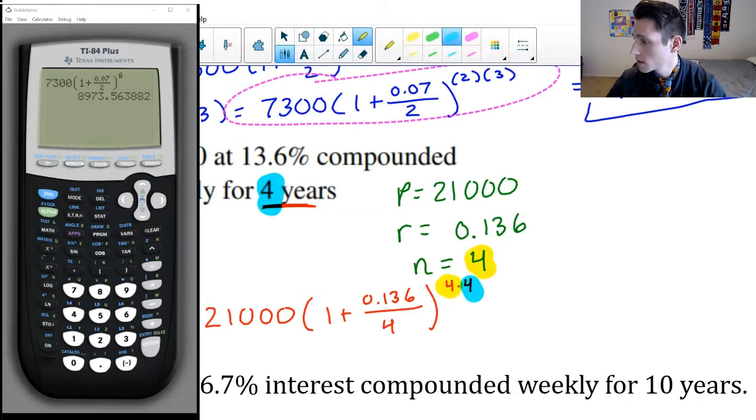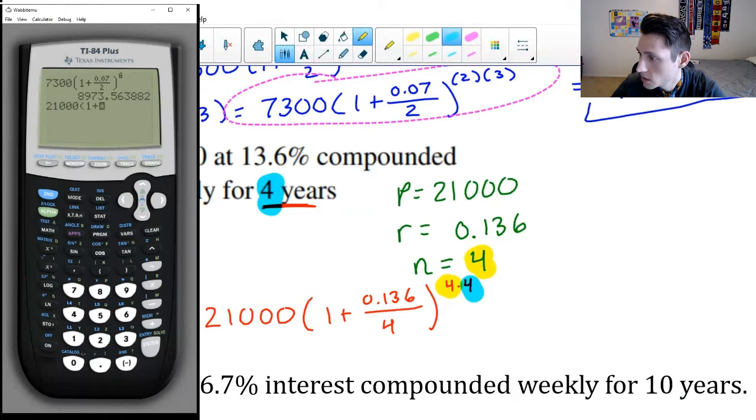And then same thing, we want to type all this in at once. So 21,000, parentheses, 1 plus. Make an actual fraction so you don't have to worry about doing parentheses for dividing.